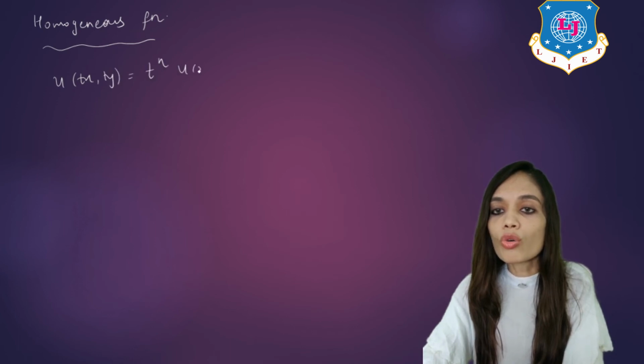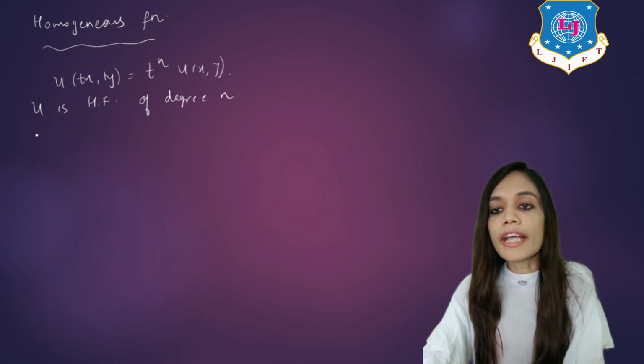So in today's lecture, what we have studied, firstly, what is a homogeneous function, right? So what is a homogeneous function? If u of tx comma ty is equal to t raised to n times u of x comma y, then we can say that u is a homogeneous function of degree n. Done? Next we have studied Euler's theorem.